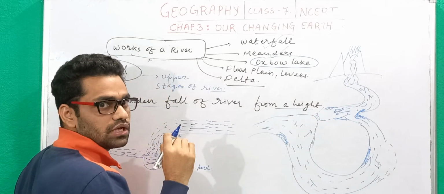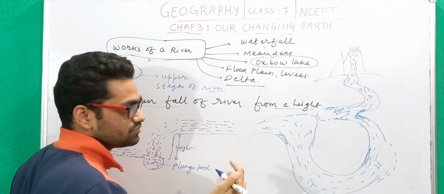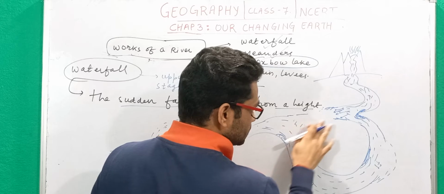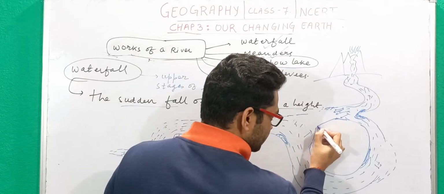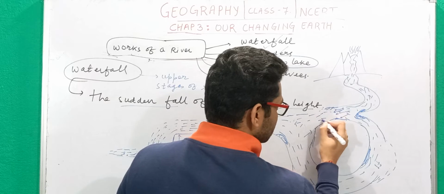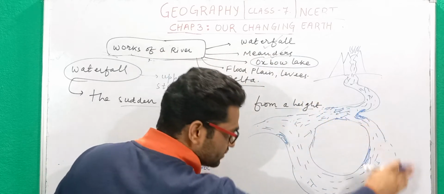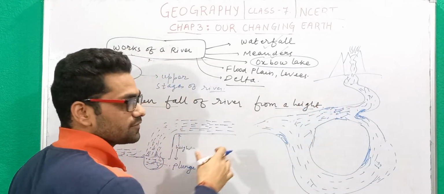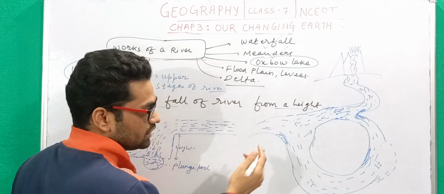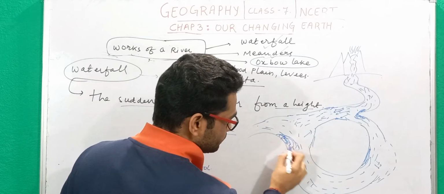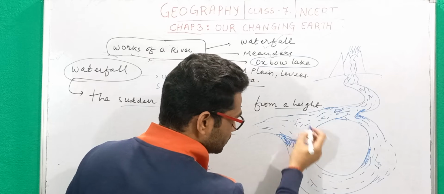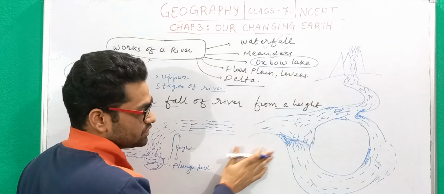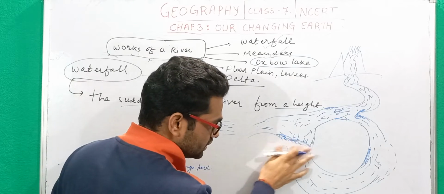After some time this narrow strip of land will also get eroded, and the river will now start flowing like this. Now the river has discarded this path, it has found a shorter path, a type of shortcut, and here the depositional activities were very intense, so the water will not be allowed to come here. So due to the intense depositional activities, this area will get detached.